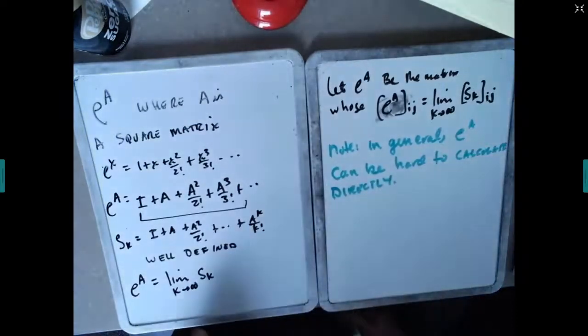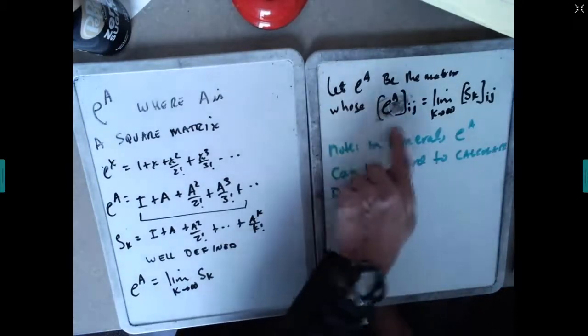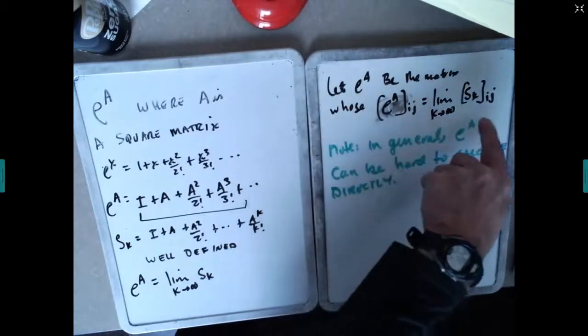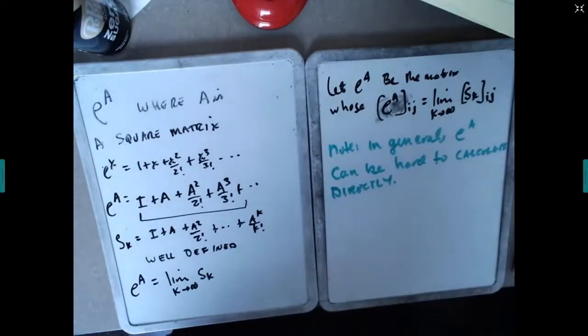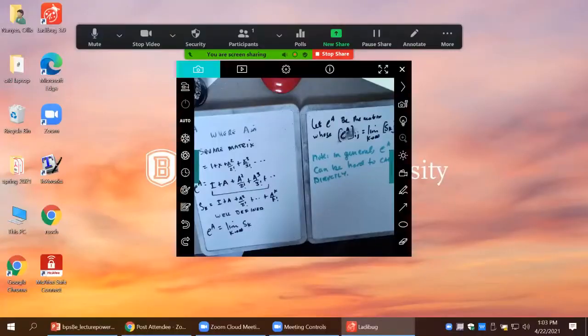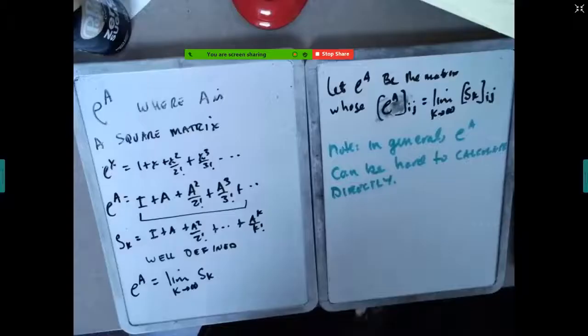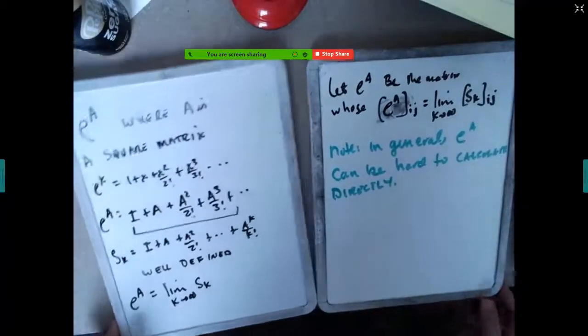And of course, I have to show you that this limit in fact exists, and I'll be doing that shortly. But in order to do that, let's go ahead and do a couple of examples.